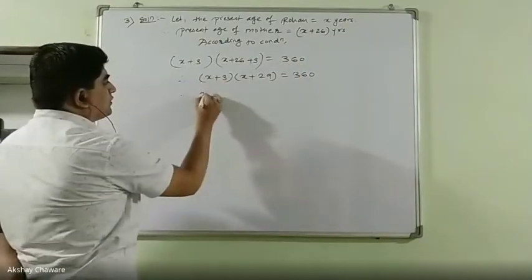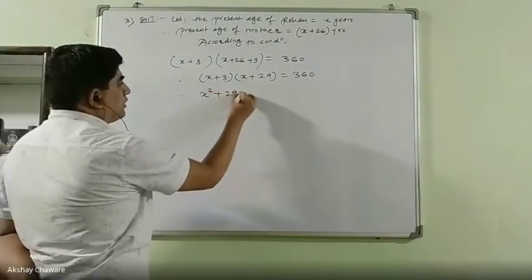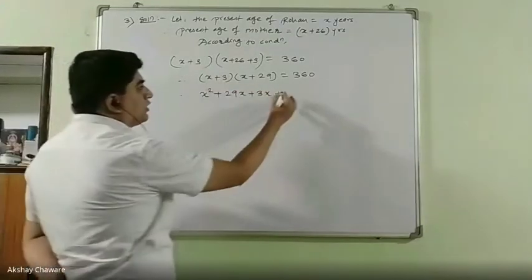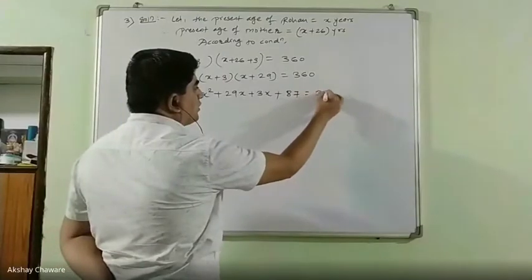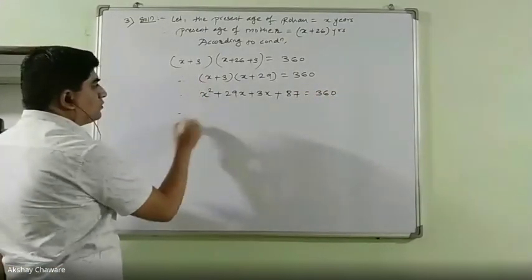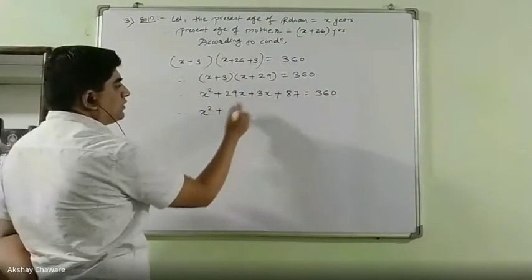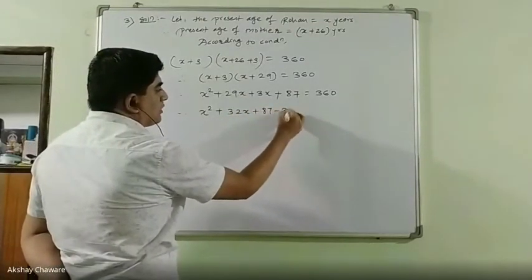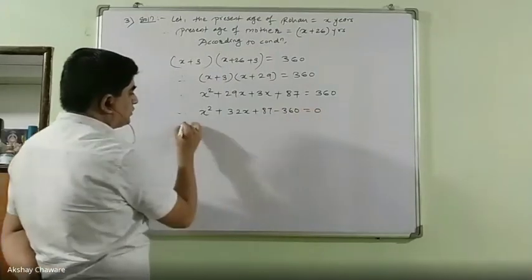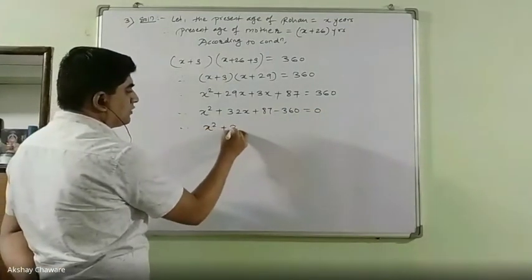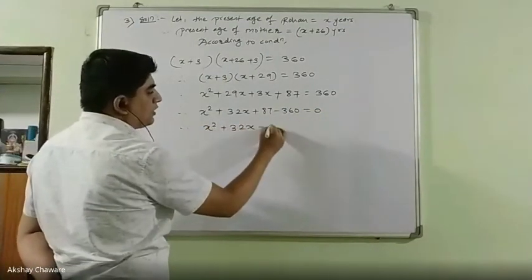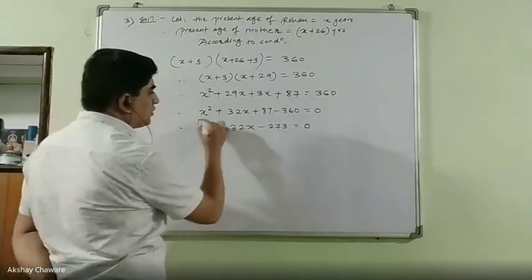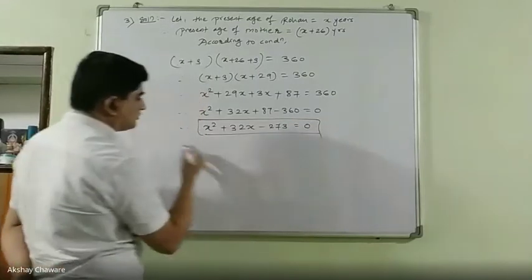So x into x is x square, plus 29x plus 3x, plus 3 into 29 is 87, equals 360. So x square plus 32x plus 87 minus 360 is equal to 0. Answer: x square plus 32x minus 273 equals 0. This is your required quadratic equation.